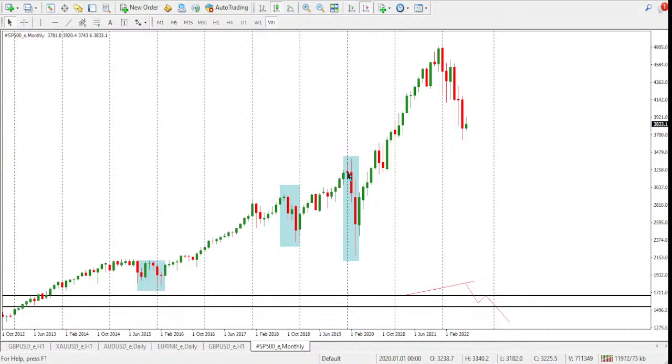Then the price moved from this point and headed upwards. We can see that the price moved upwards, at least up to this point here.